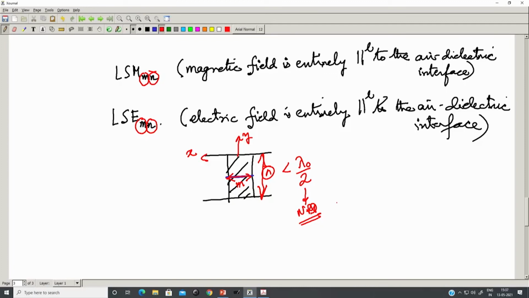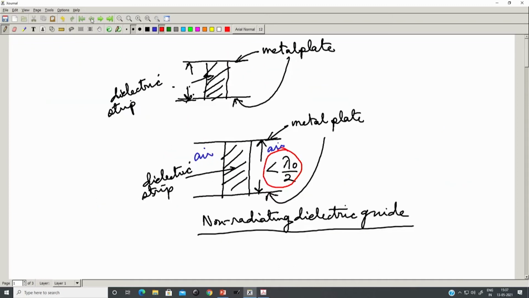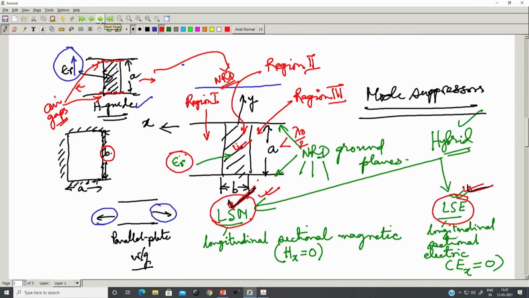As such, we have also seen that the fields in the air region in the NRD, which are region 1 and region 3, if we go back to the figure, in these two regions, the air regions, they are below cutoff and are evanescent in nature.